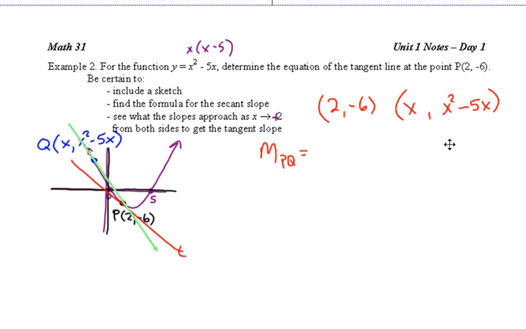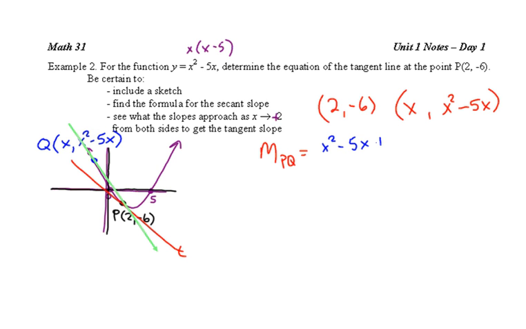So our equation, y2 minus y1, what is it going to become? You kind of want to have this guy first, right? So it factors nicely. x squared minus 5x minus a negative 6 becomes plus 6, over x minus 2.